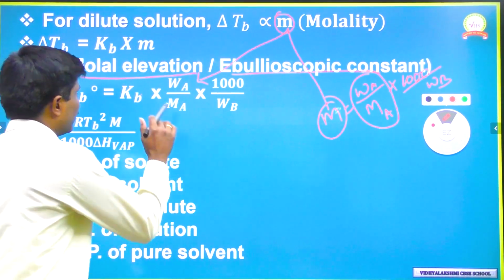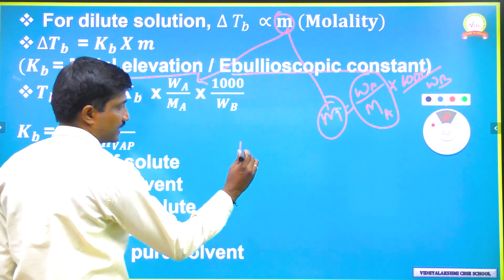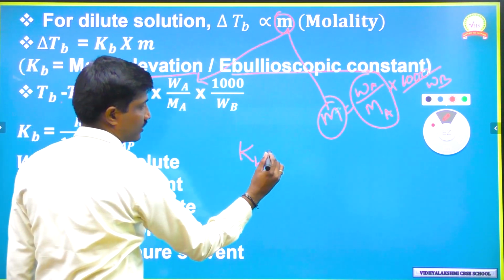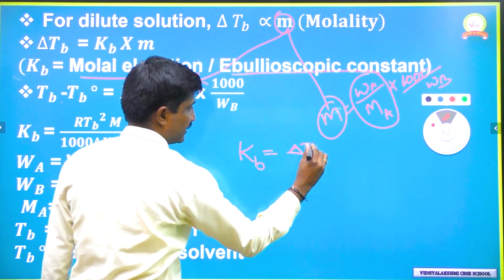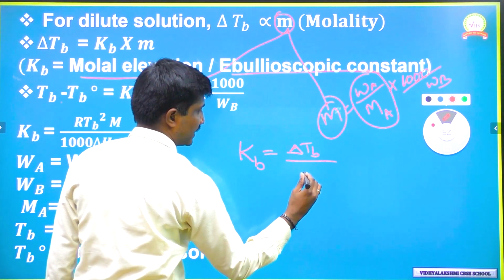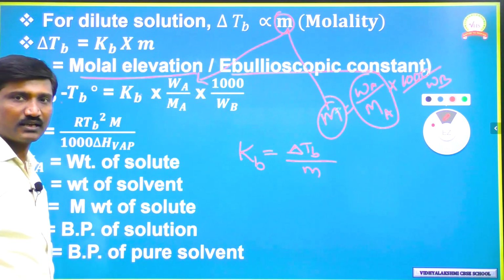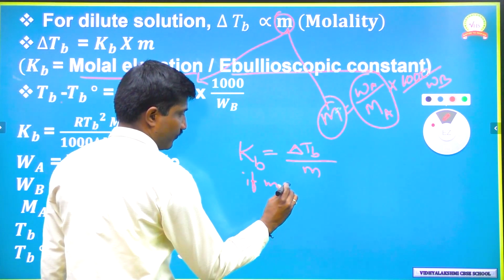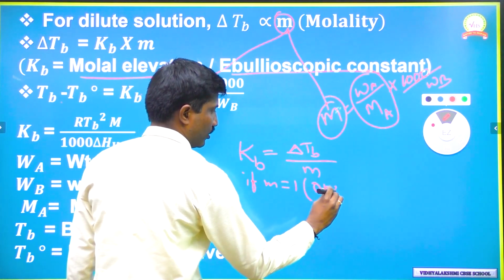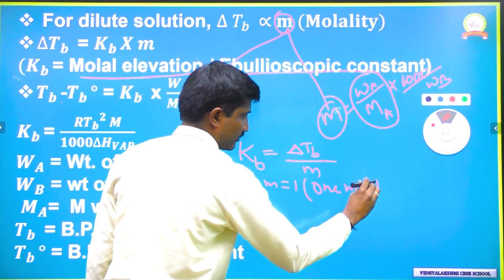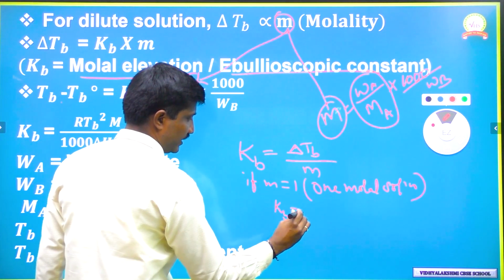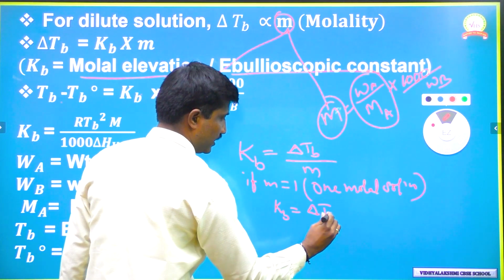What is that molar elevation constant or ebullioscopic constant? From this we can write Kb equals delta Tb by m. If we take m as 1, that is a 1 molar solution, then Kb equals delta Tb.